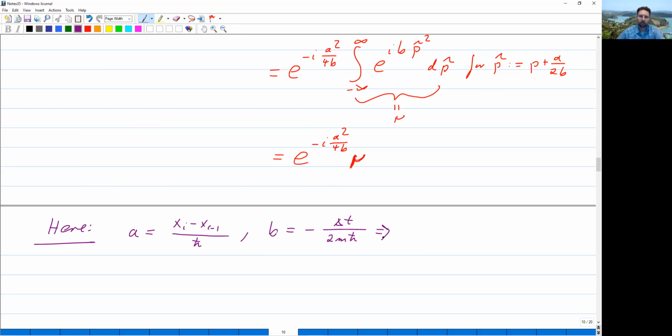And so therefore, the all-important term A squared over 4B is then equal to minus (xi minus xi−1) squared, and then here we have a 2m h bar divided by 4 h bar squared delta t.